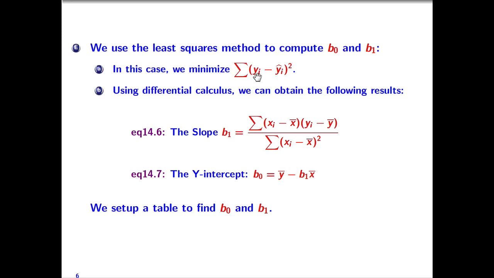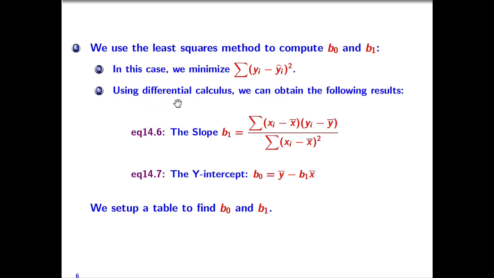So we have yi is the actual value, this is the predicted value, and you have yi minus yi hat squared, and take the sum, and then we minimize this sum of the squared error terms. This is what we call the least squares method.